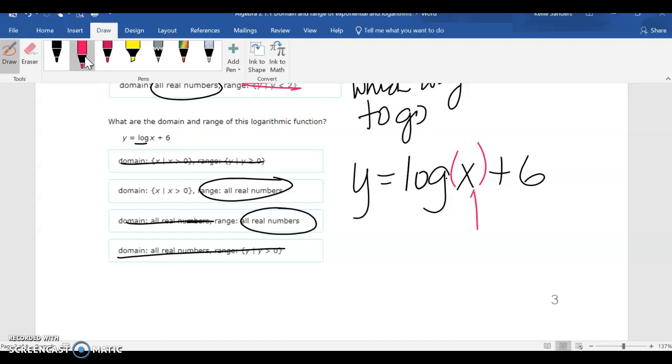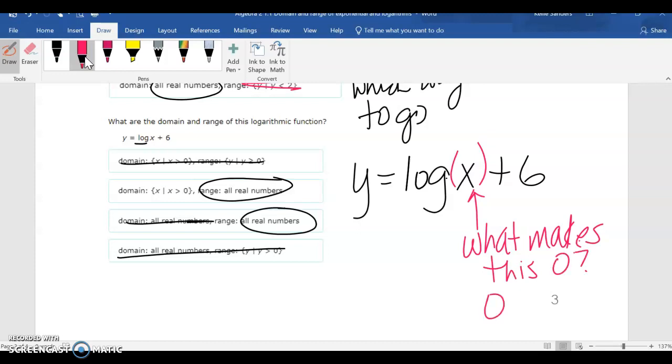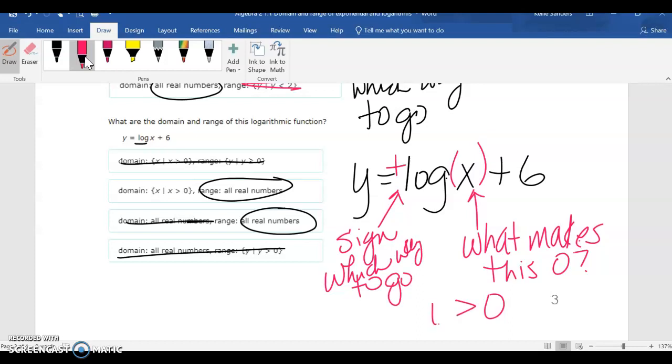So what makes this 0? 0, so that's where you're going to start. And again, the sign is going to tell you which way to go. Since it's positive, we're going to go up. And so x is greater than 0.